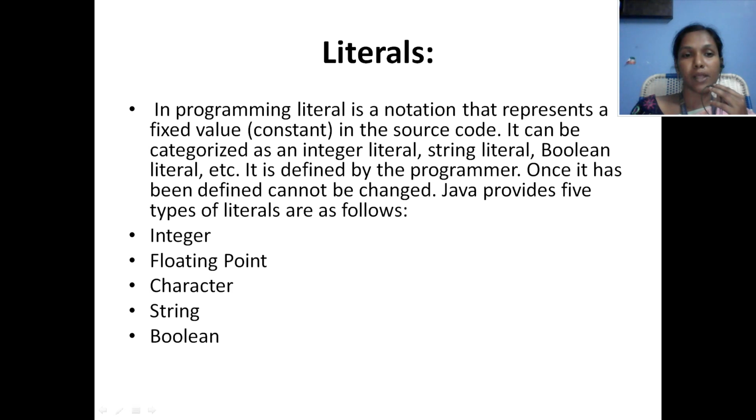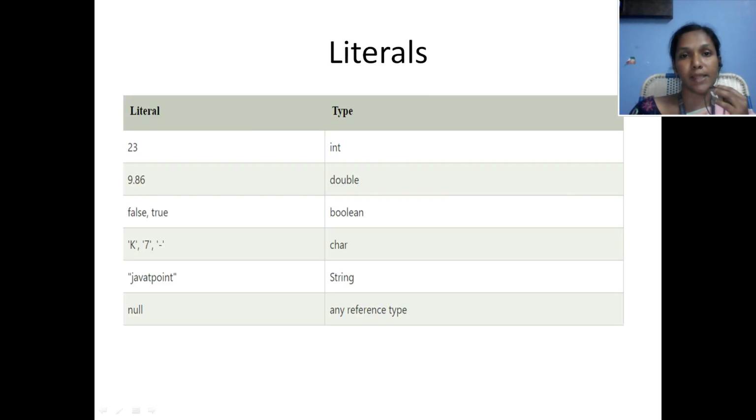A literal is a notation that represents a fixed value in the source code. Once it is defined, it can't be changed. If you want to change it, you can change the entire value, but we can't change it in between. In between, we can't insert any characters or numbers.